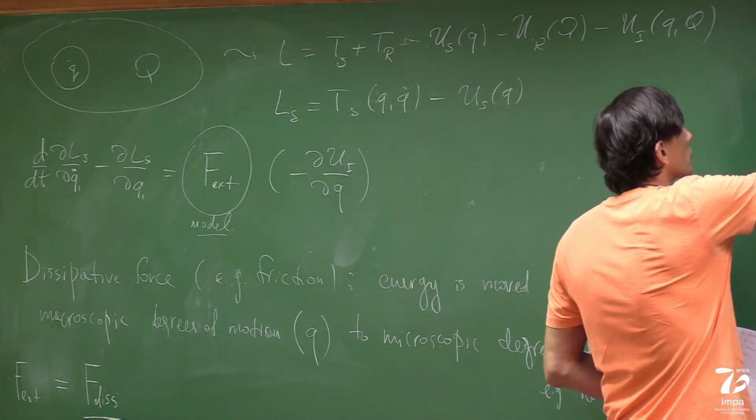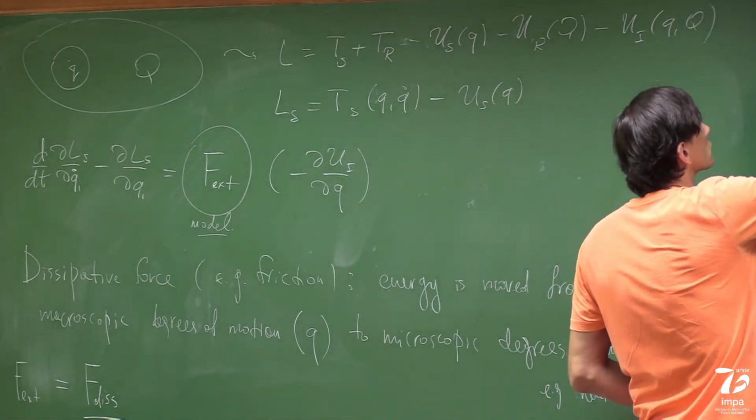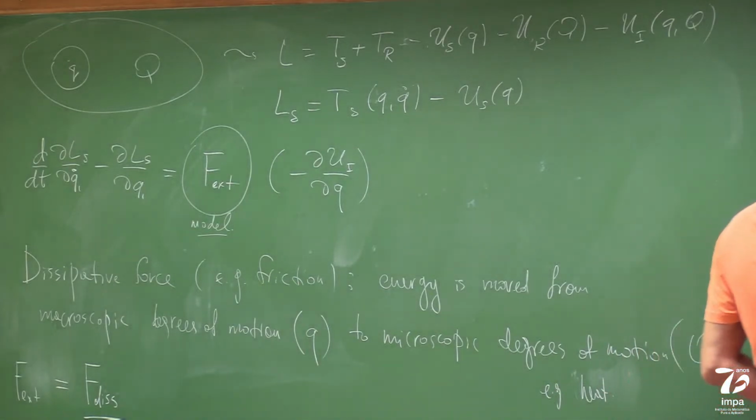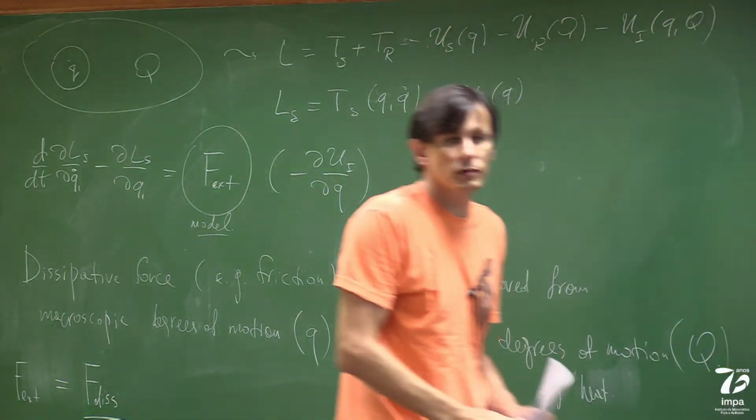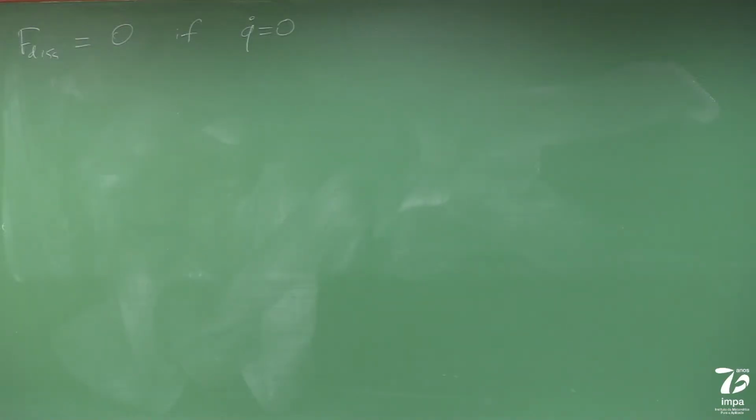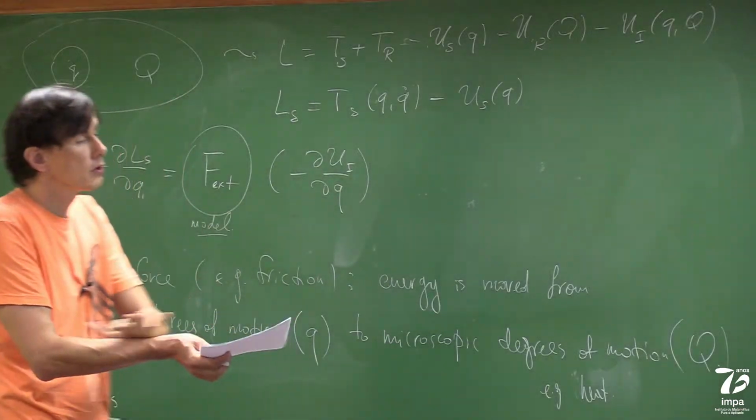What you can say about this dissipative force is that in usual models it's exactly zero when there is no motion. So if we're at rest, it's reasonable in many cases to assume that there is no force. Friction only occurs when there is motion.